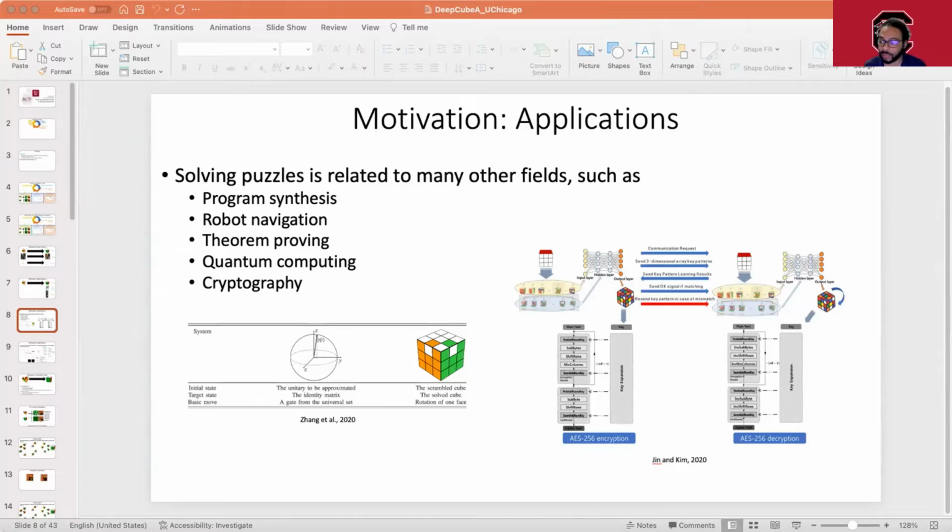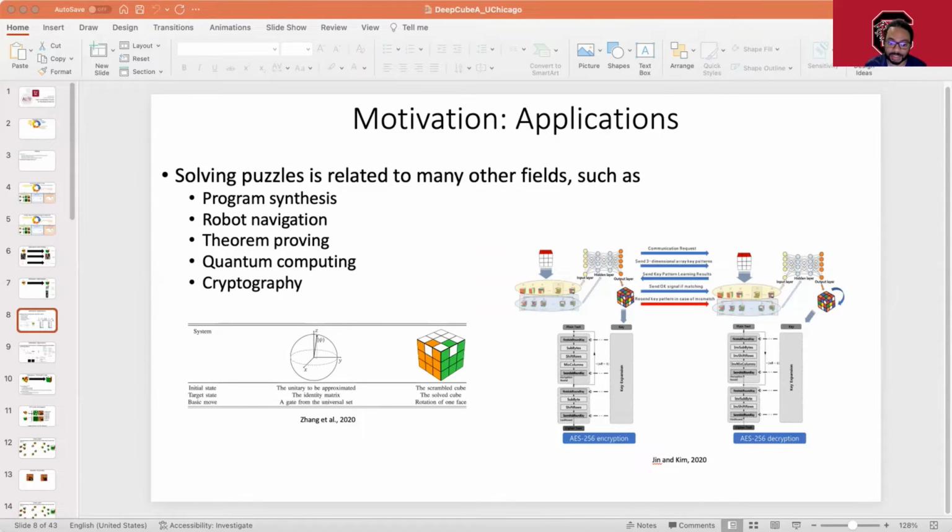For example, in theorem proving, I can start from some premises and through some sequences of actions, namely some inference rules, I want to find a path to some logical statement that I want to prove. In chemical synthesis, I may want to find a path from some building block to a molecule that I want to synthesize.